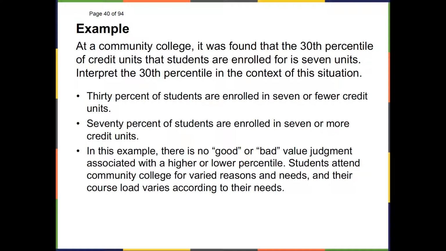Alternatively, 70% are in more than 7 units. But we really can't say anything yet about whether it's good or bad. All that we can say is that you lie where the other individuals are in terms of those data points.